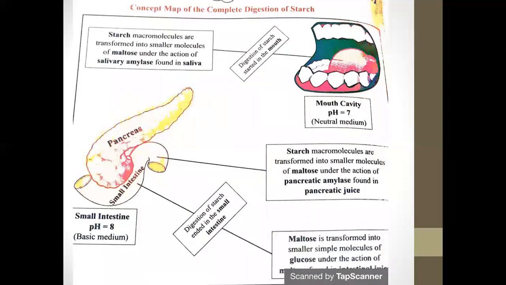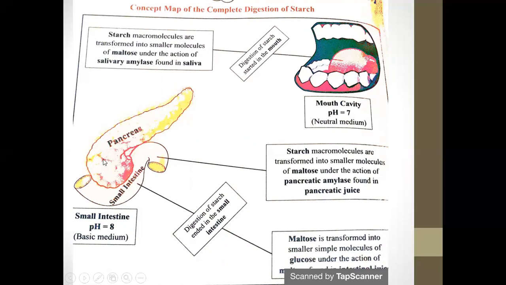But here, let's have this concept map of the complete digestion of starch in the body. So starch starts its digestion in the mouth by the saliva juice, which contains the salivary amylase. The starch is going to be transformed into maltose, which is one of the reducing sugars.